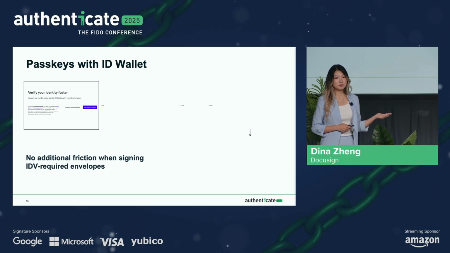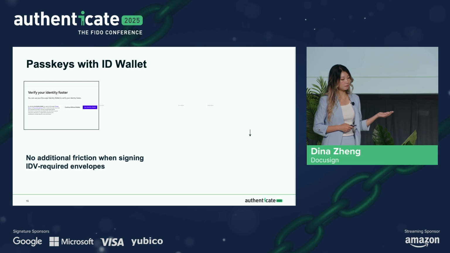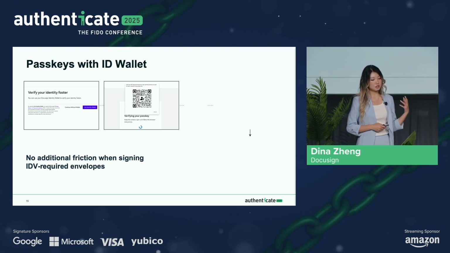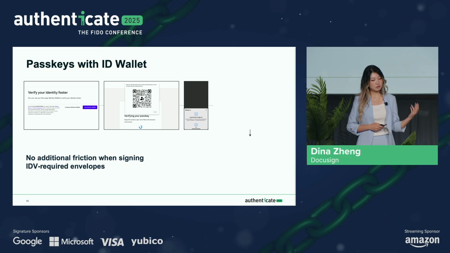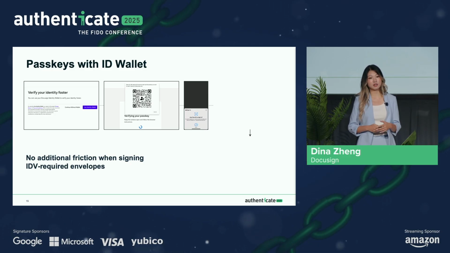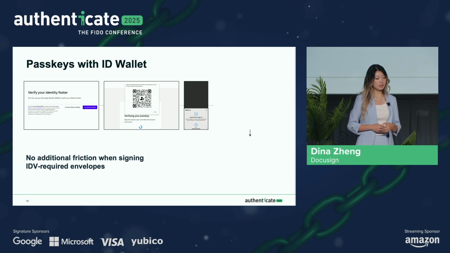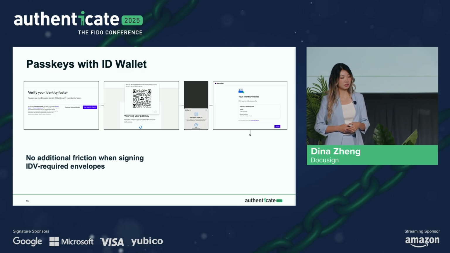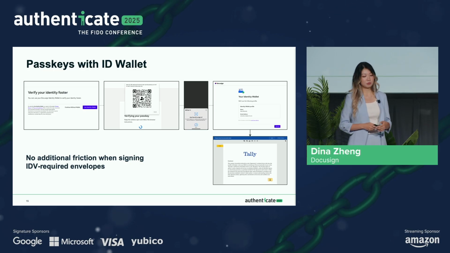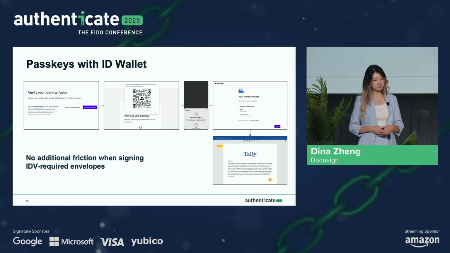Here, Janice is prompted to pull up her identity wallet, and using her passkeys, she's able to use Face ID or her Touch ID to authenticate. This helps her unlock her identity wallet, and now her verified wallet is officially recognized. And from there on, Janice is able to instantly sign her envelope.